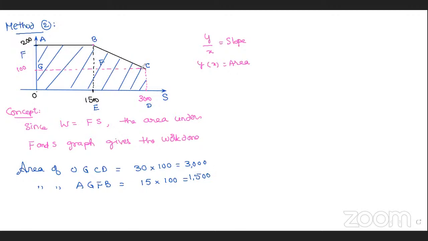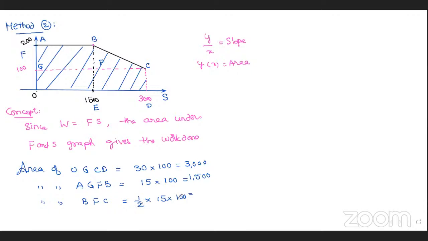Correct. Then the area of the triangle BFC. The area of a triangle is half base into height. Base is 15, from 15 to 30, into height, already you told, 100, from 100 to 200.